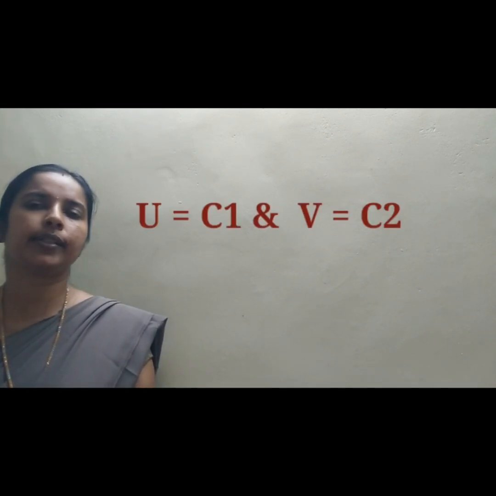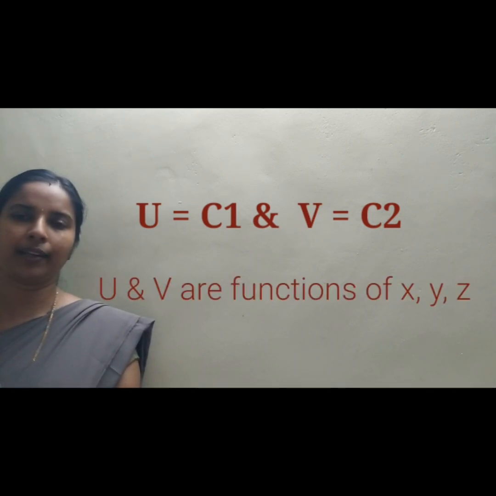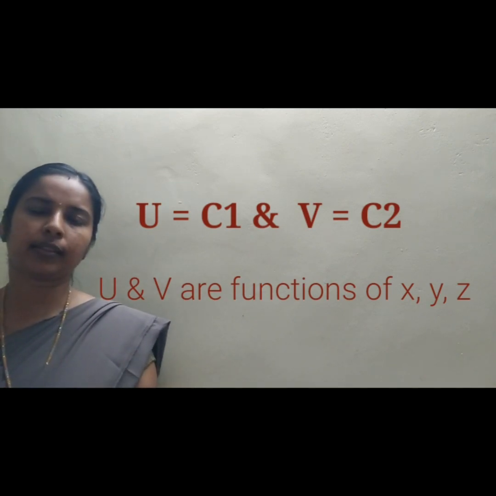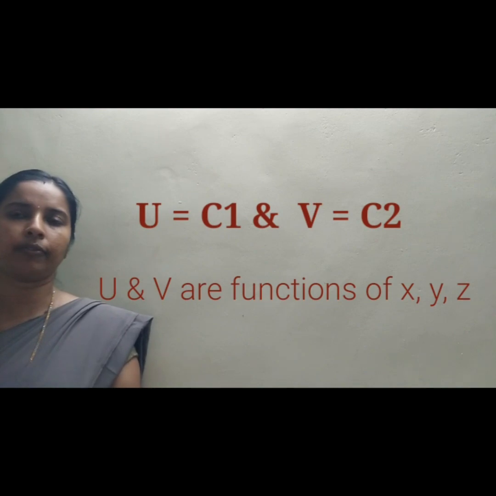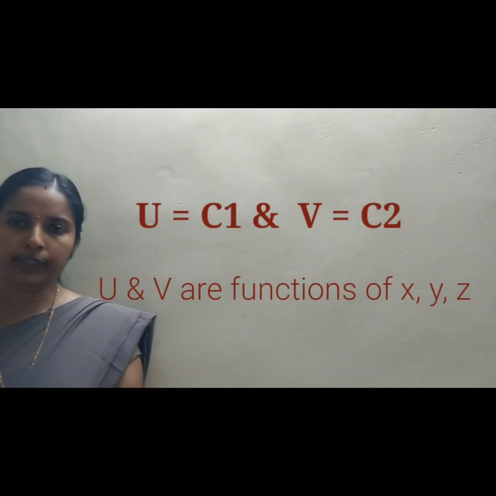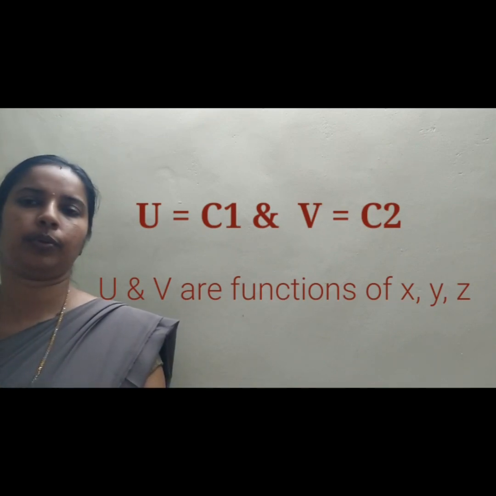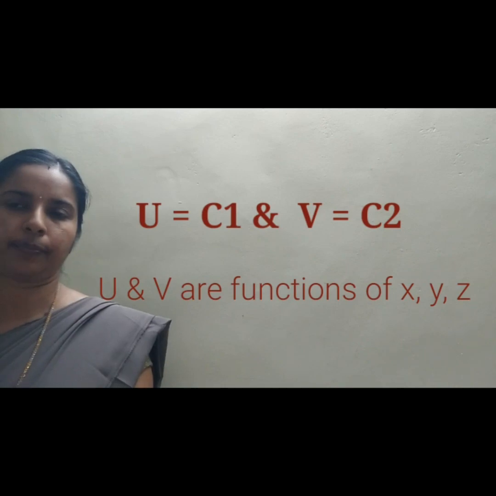Let the two solutions be u equal to c1 and v equal to c2, where u and v are functions of x, y, z. Sometimes some variables may be absent. Anyway, in general we can say u and v are functions of x, y, z.